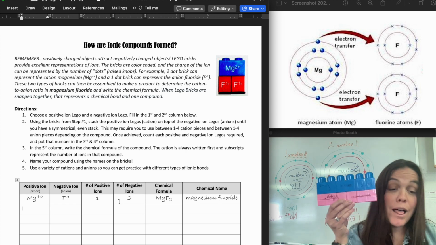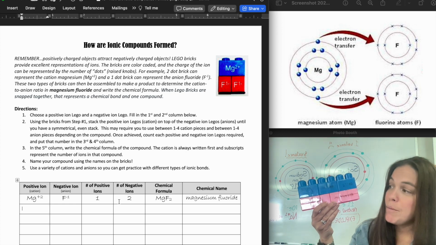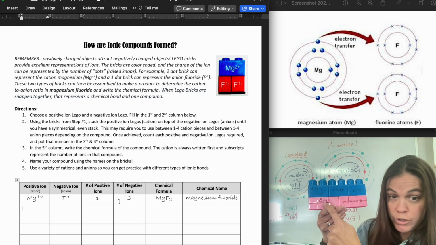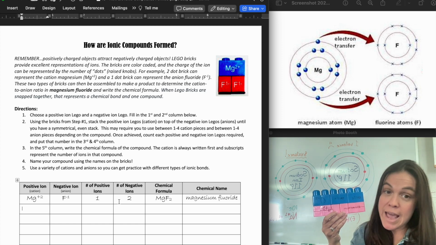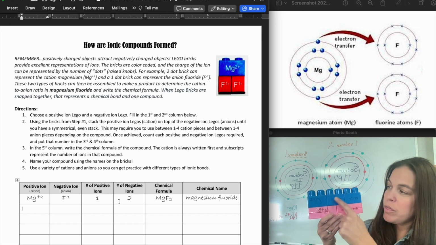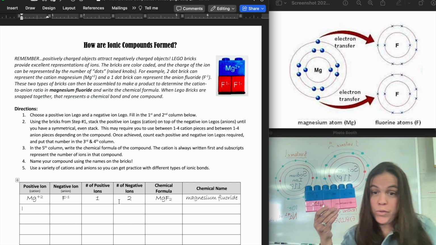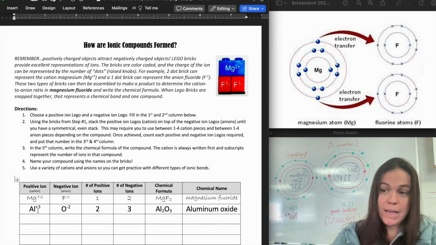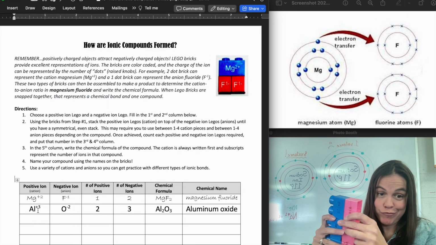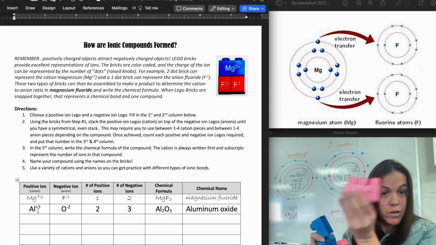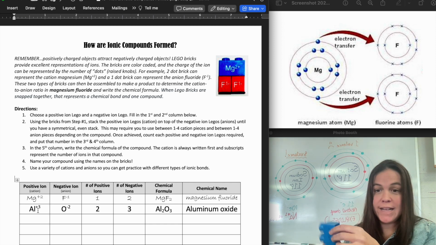So this is aluminum oxide. Aluminum oxide has 2 aluminums, or Al2, 3 oxygens, Al2O3. So aluminum has a positive 3 charge, 3 dots. Oxygen has a negative 2 charge, 2 dots.